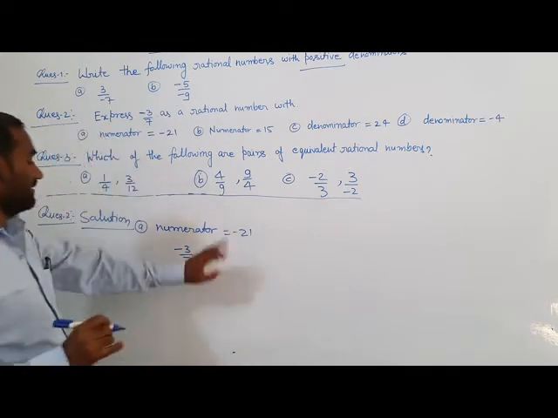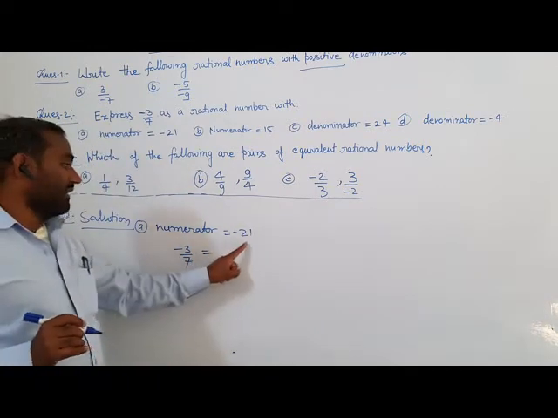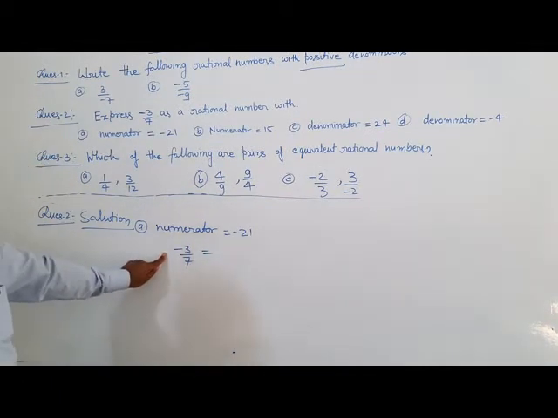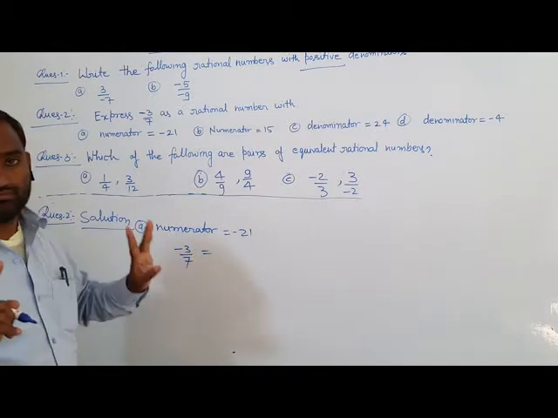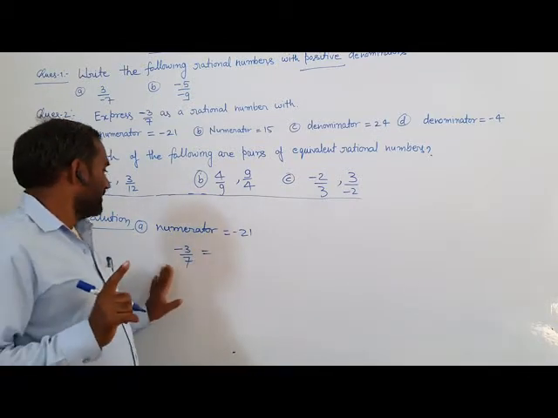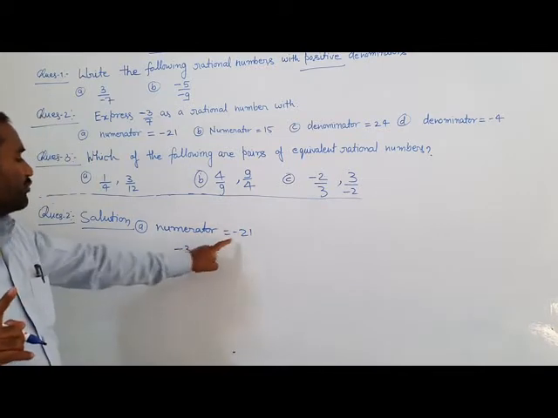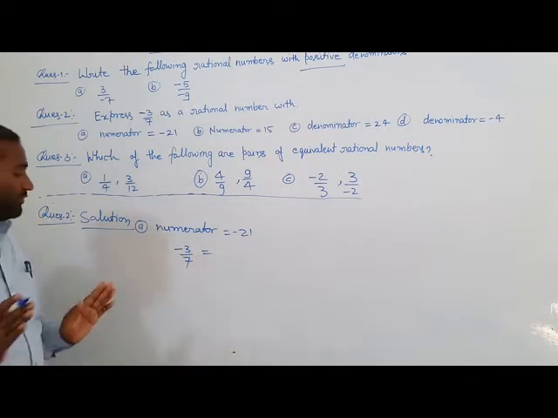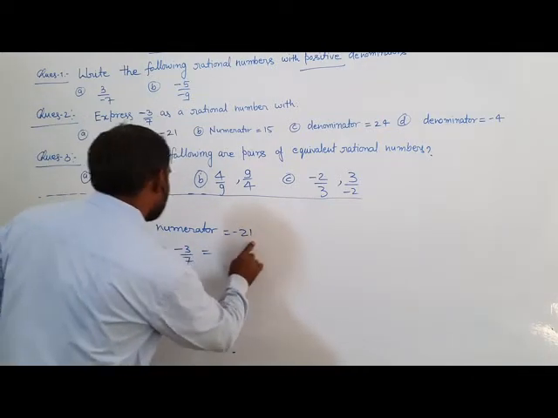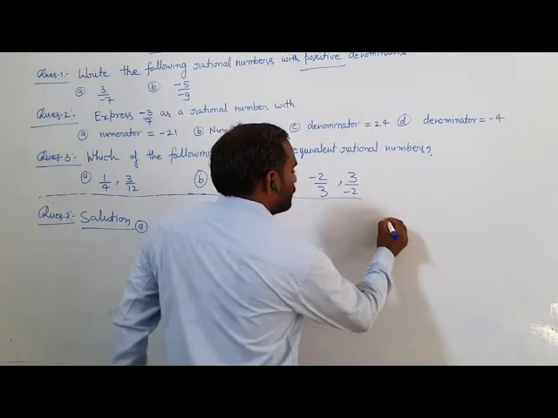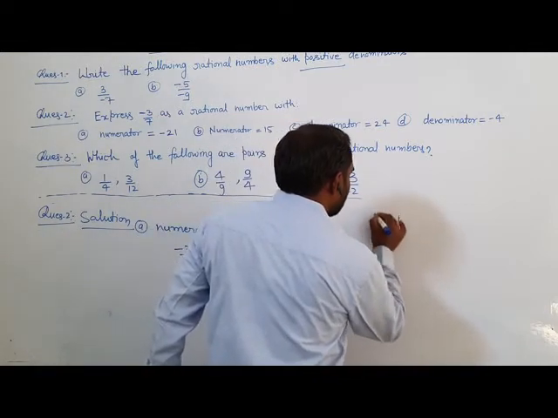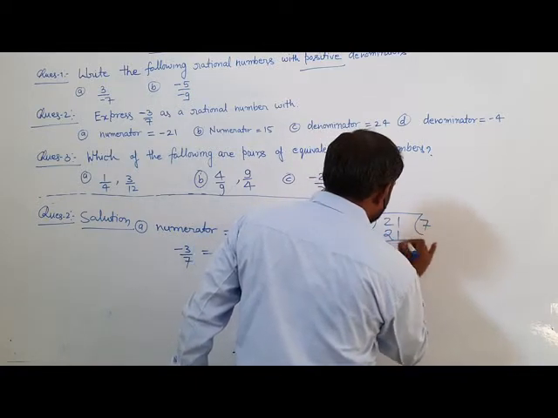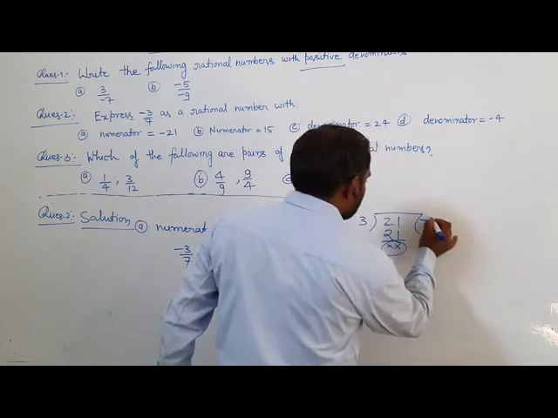Here the rational number is minus 3 by 7. The sign of the numerator is negative, so there is no need to change the sign because the sign is the same. Numerator should be 21. So you have to divide this numerator by 3, like 21 divided by 3, 3 7 ja 21. The quotient is 7.